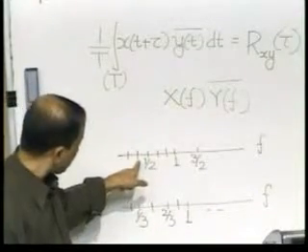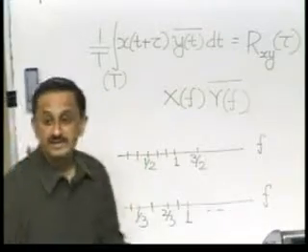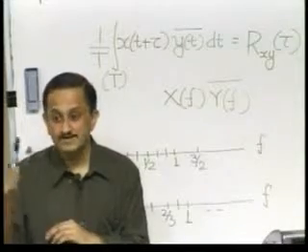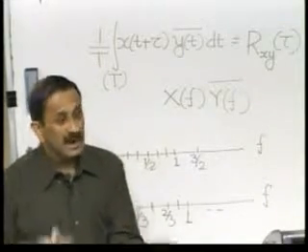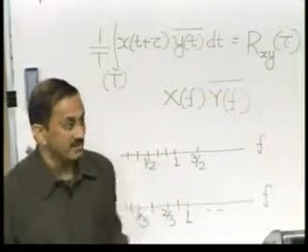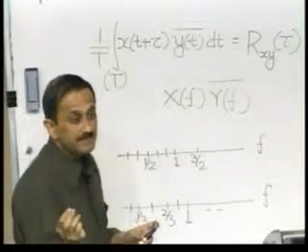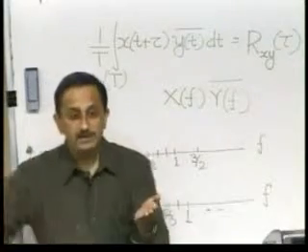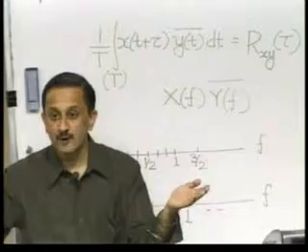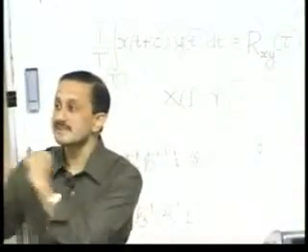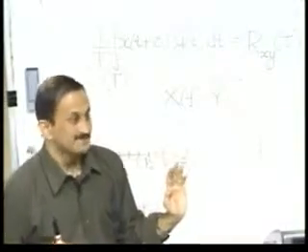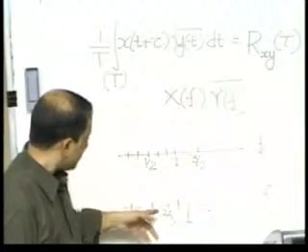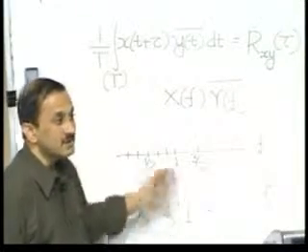The 2 by 6 component will be this times the 2 by 6 component here complex conjugated, and so forth. So the corresponding components, some of them might be 0, are multiplied and the second one is complex conjugated. That gives us the Fourier components of Rxy(tau), which is also periodic, and then one can similarly put down the Fourier transform of Rxy(tau) as a train of impulses located at multiples of 1 by 6.